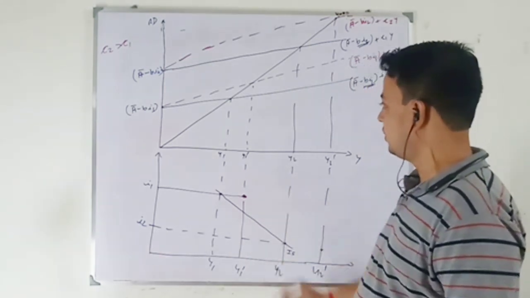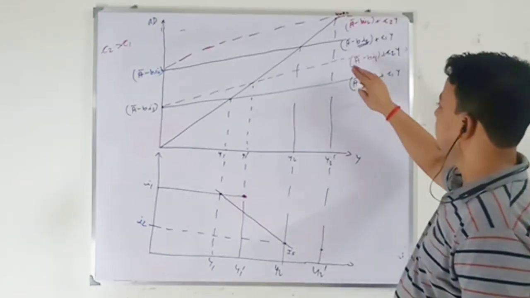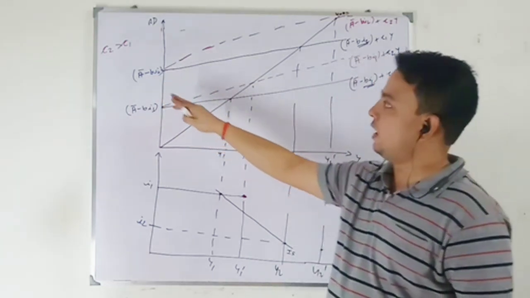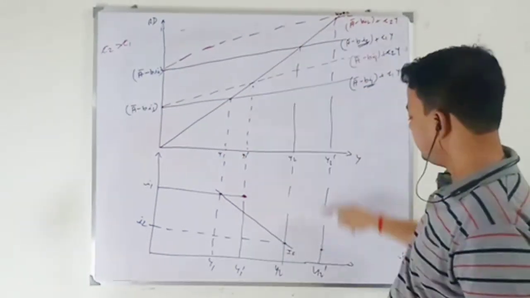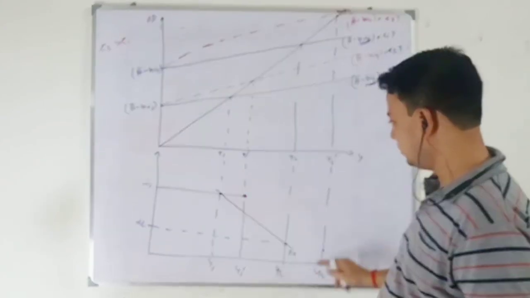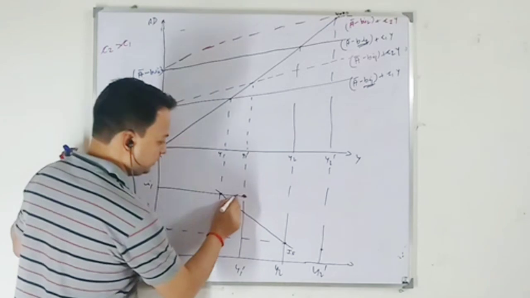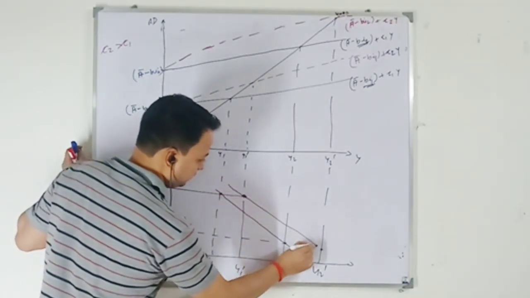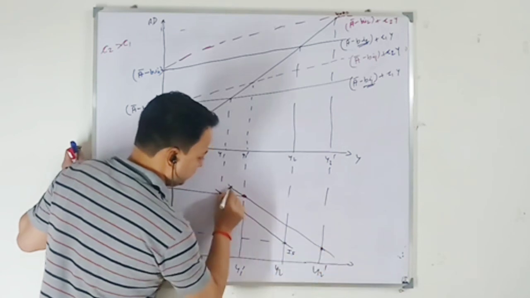So this point we get, first point. The second point we get is that here, when your rate of interest reduces and your MPC is higher, we get a higher level of income. So this is the second point here. Join those two points. Here you have one point, and this is the second point.